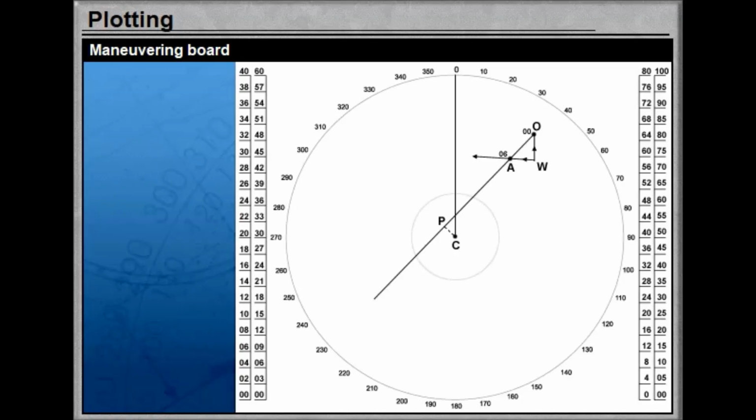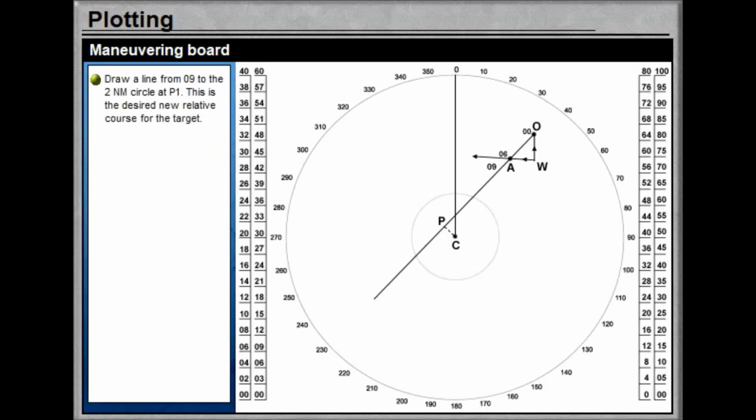In this example, the plan is to make an alteration at time 09. Draw a line from 09 minutes to the 2 nm circle at P1. This is the desired new relative course for the target.